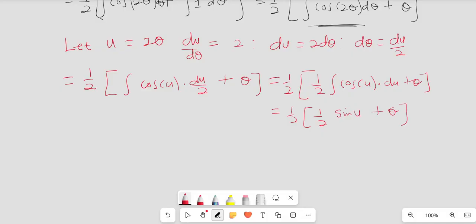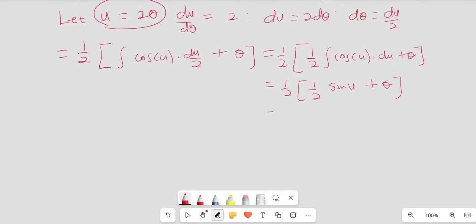But what is u in terms of theta? u is equal to 2 theta, so you can just plug that back in. So that should be 1/2 times 1/2 sine of 2 theta plus theta. We can distribute our half, so that should be 1/4 sine 2 theta plus 1/2 theta.